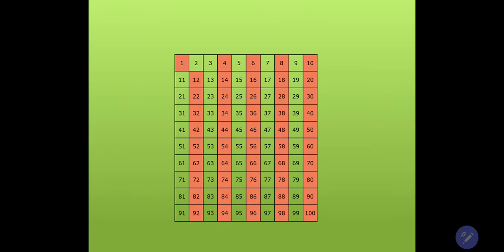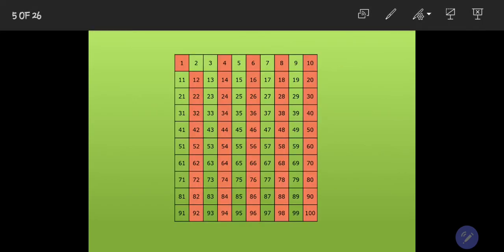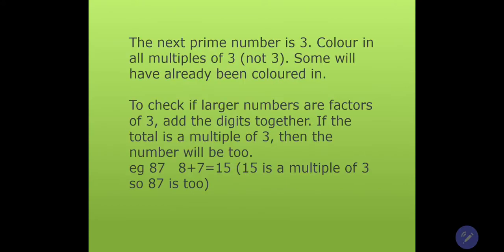Now let's look at the next prime number. Since we already did 2, the next one is 3. Color in all multiples of 3 except for 3. Some will have already been colored in.